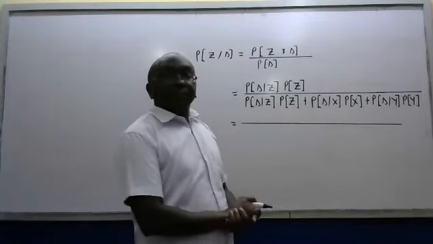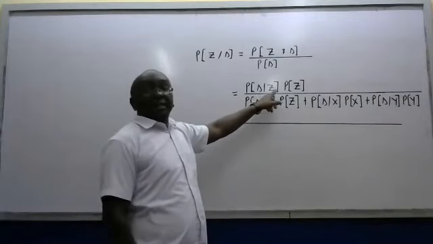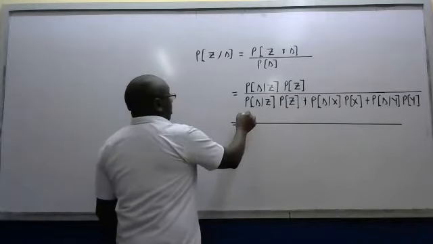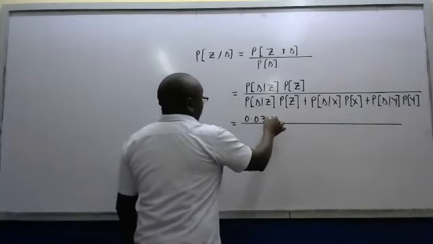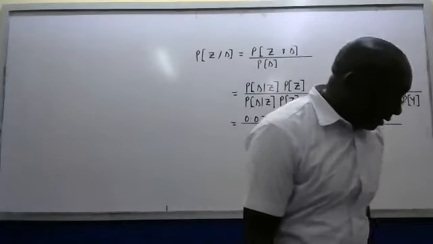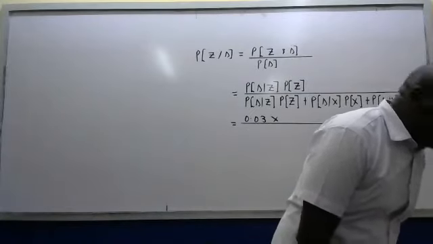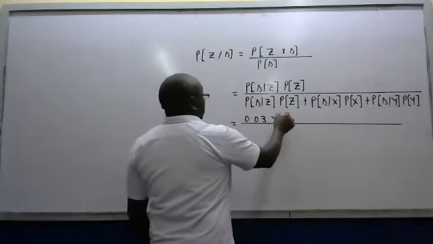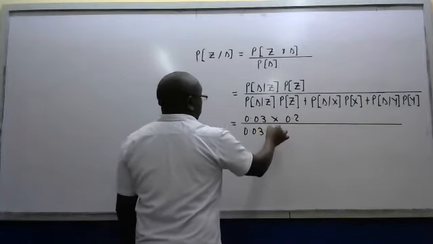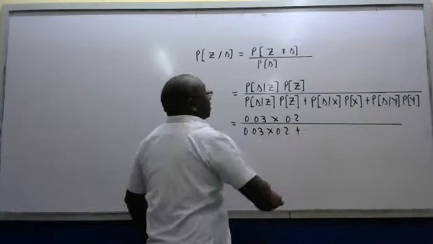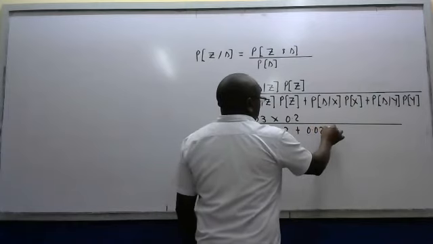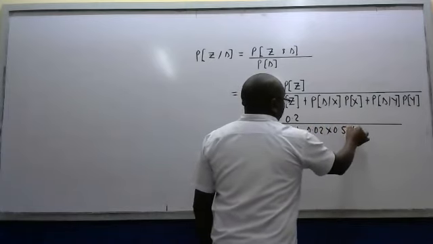So we begin. A defect coming from Z. Z is producing 3%, so it is 0.03 defective. And the proportion of those that are coming from Z is 20%, so 0.2. So then down here we have 0.03 multiplied by 0.2, plus a defect coming from X is 0.02 and X is producing 50%.